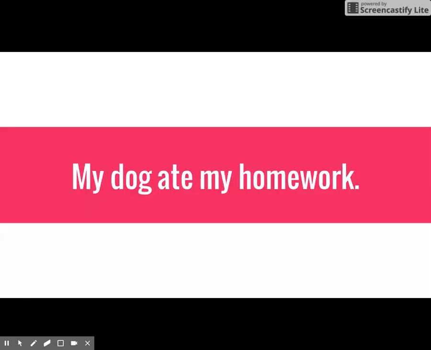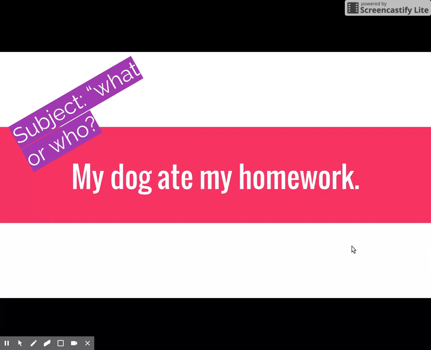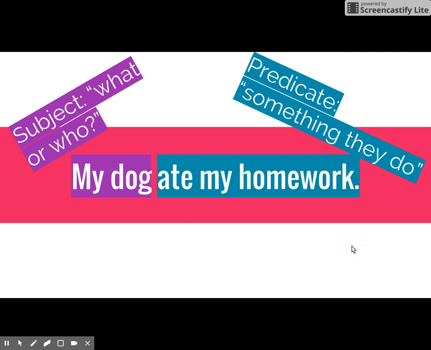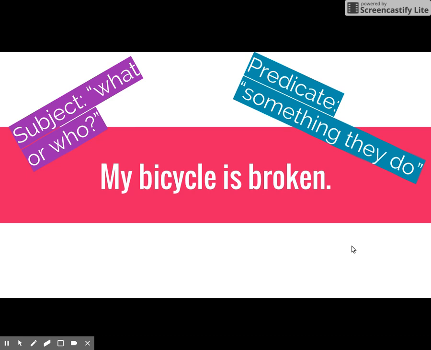If we're looking at the sentence, my dog ate my homework, the subject, the what or the who, is my dog. And then the predicate, or what he did, the something they do, is ate my homework. All right, so let's take a look at my bicycle is broken. If you were to go into this saying, okay, I have to find the subject, I have to find the predicate, take a second right now and think, what would I choose?